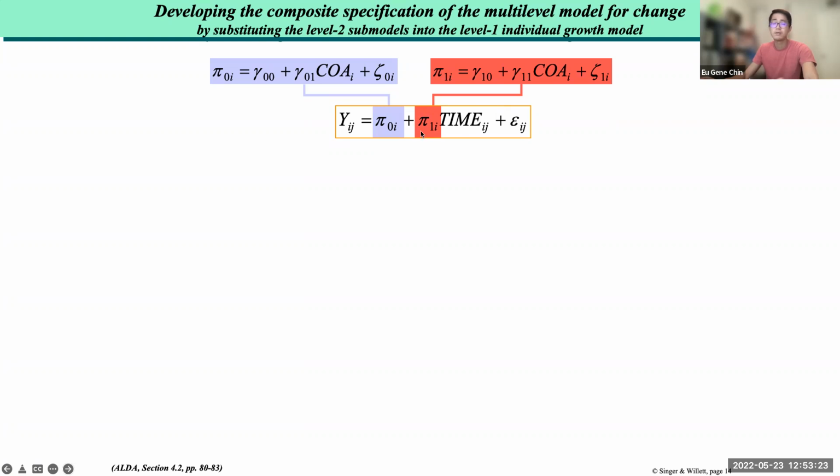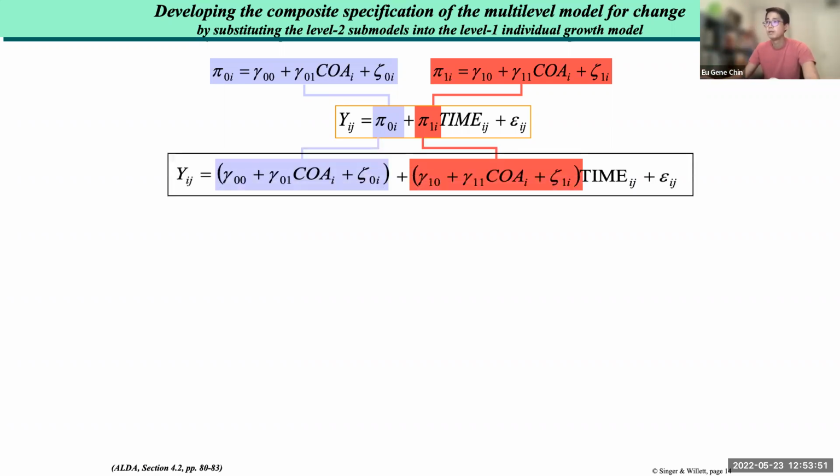Each of these is going to be a function, in this particular multi-level model at least, of group level predictors, specifically coming from gamma 0,0, gamma 0,1, gamma 1,0, and gamma 1,1. And then we also have the respective residuals at level 2 to capture the amount of variability of each individual's change trajectory from the population group average.